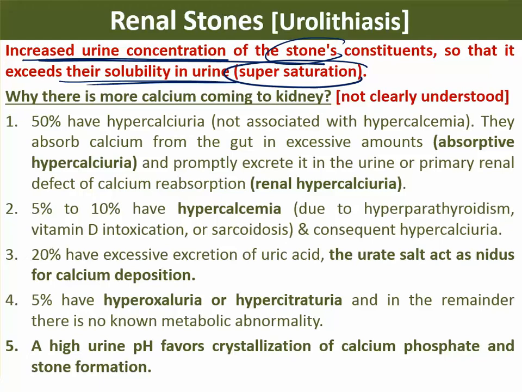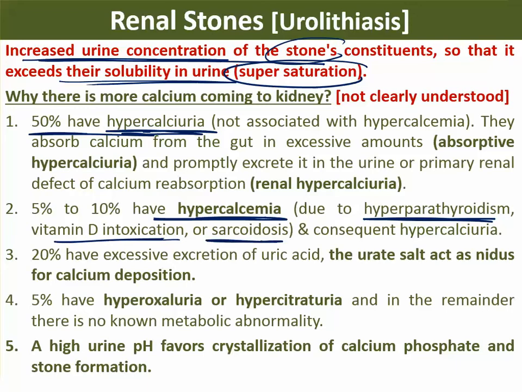And remember, all these mechanisms are kind of hypotheses, it's not 100% accepted, but 50% of the hypercalciuria happens if there is increased absorption. The rest of the hypercalcemia happens due to hyperparathyroidism, vitamin D intoxication, or chronic inflammatory conditions like sarcoidosis.